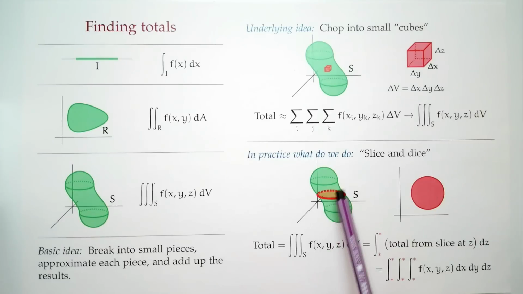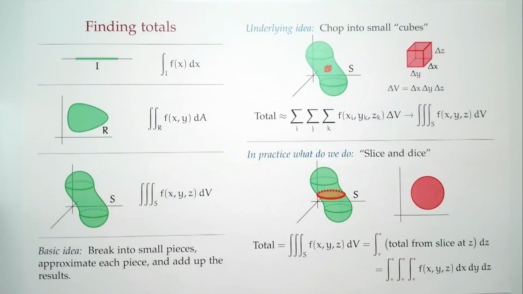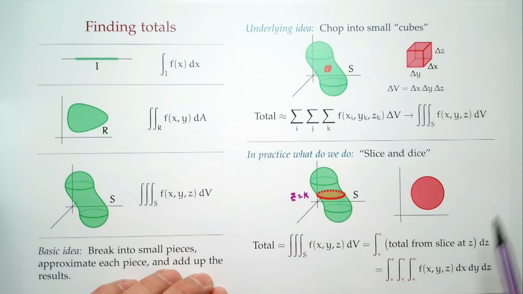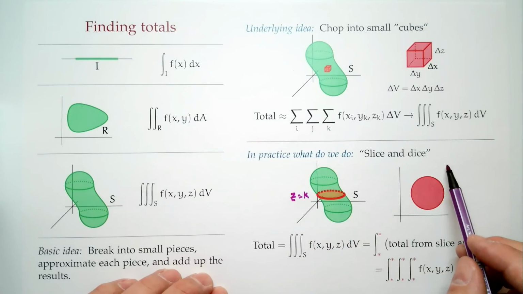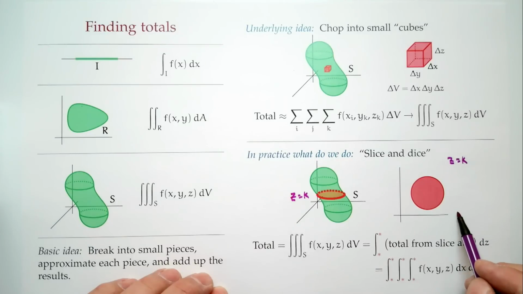I'm going to take this solid and take a slice, fixing one of the variables. For instance, this slice would correspond to fixing a z value. This light here is z equals some k. So this is in the plane z equals k.